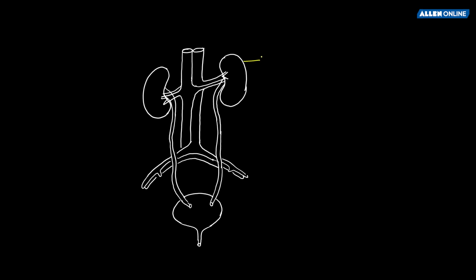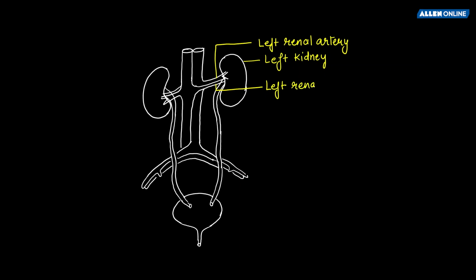according to NCERT. So this is the left kidney. This is left renal artery. This is left renal vein. Here you can see the aorta.